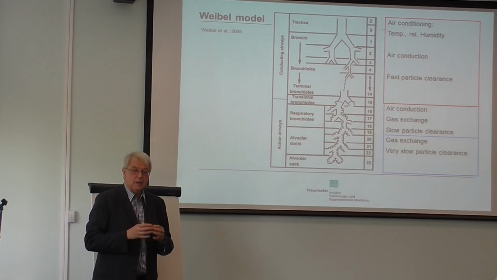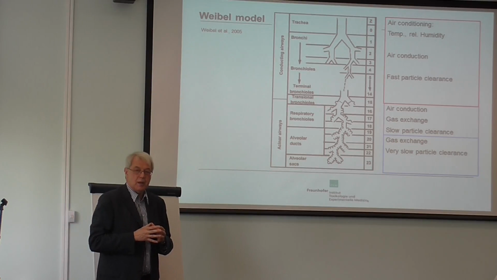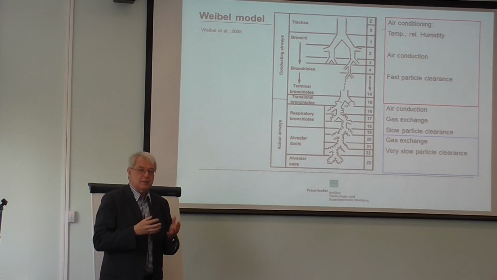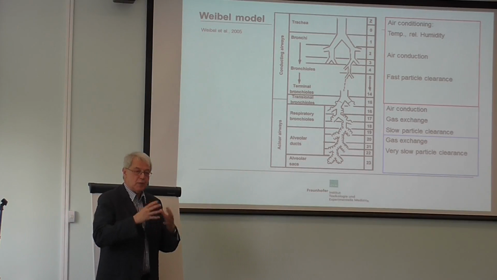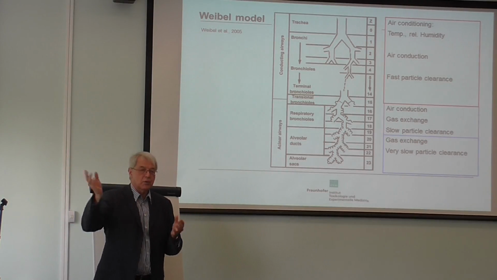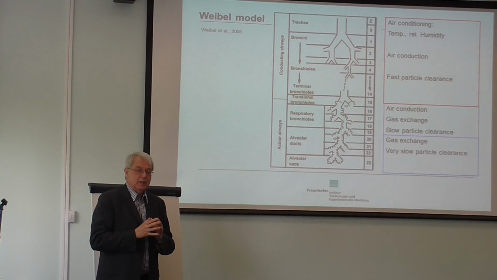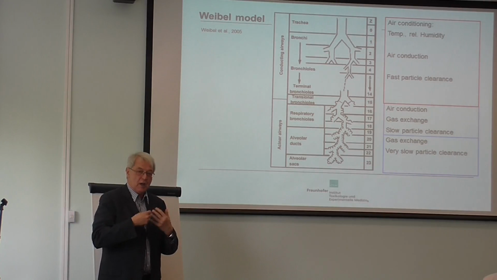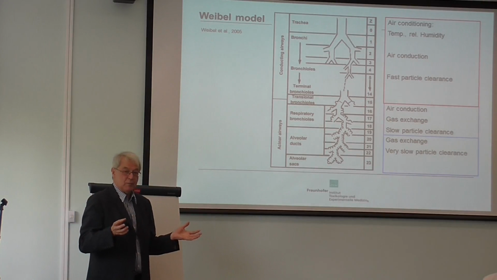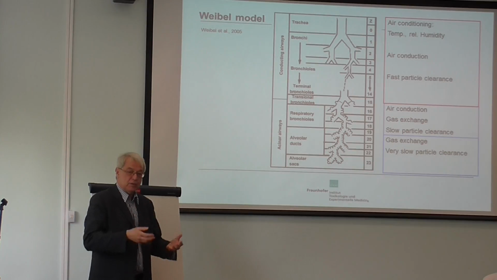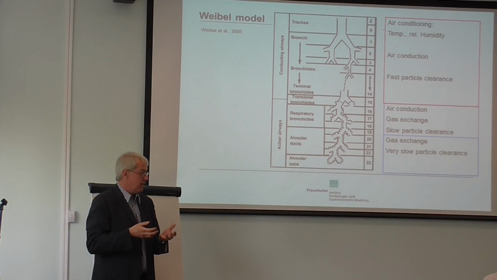And this is why these particles that reach the deep lung are much more of concern as the other particles. For example, if you have radioactive particles, let's say alpha-emitting particles, or particles from kind of nuclear events or whatever, nuclear contamination, then if you have these small particles, they will release their radiation to the body, their ionizing radiation, over a very long time, because they are sticking there, and you are continuously exposed to radiation, at least more than 300 days.